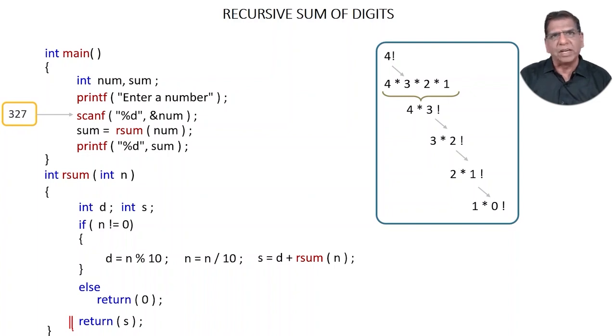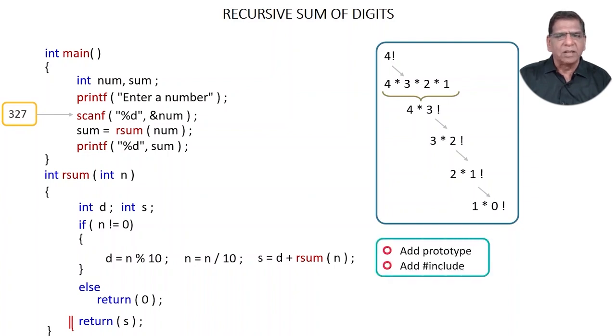You try removing it and try to execute the program, you will find that you get wrong results. Fine? So we need to understand this more carefully. Needless to say, at the top we will have to add the prototype declaration of rsum, and we will also have to include stdio.h. That you must do at the beginning.